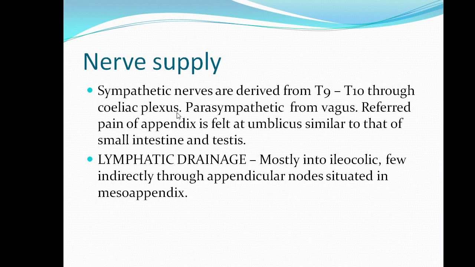Nerve supply. The sympathetic nerves are derived from T9 and T10 segments through the celiac plexus. The parasympathetic nerves come from the vagus. The referred pain of the appendix is felt at the umbilicus, similar to that of the small intestine and testis.